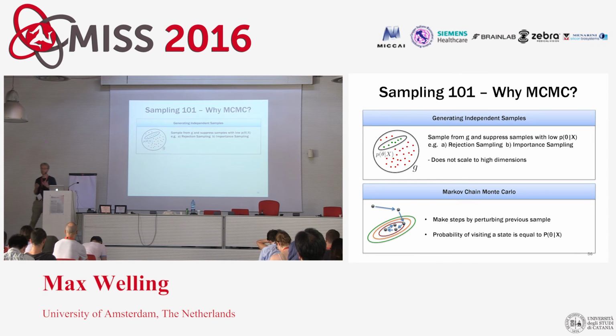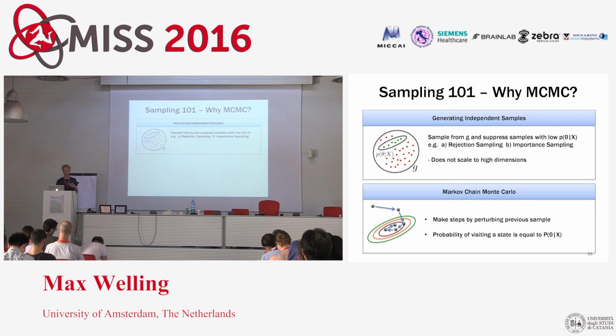Let's imagine that we are Bayesian and we're trying to figure out the posterior distribution of our parameters given our data, but it's very hard to compute, so we draw samples. Say this is my true posterior distribution, so I can draw from another distribution, say this one. I draw all these samples, and I reject everything in a very low probability region, and I keep only those inside the high probability region here.